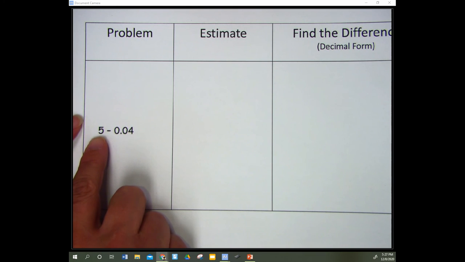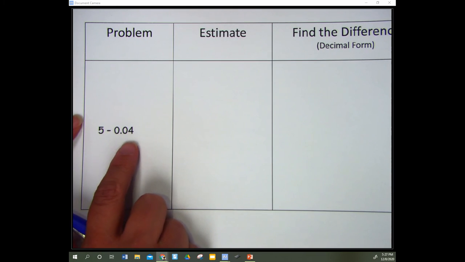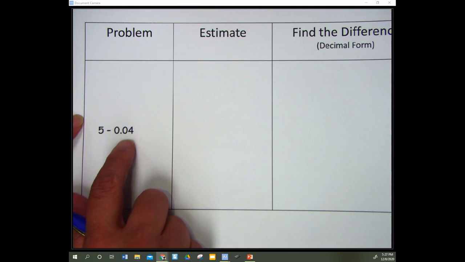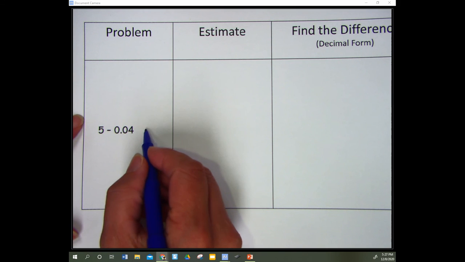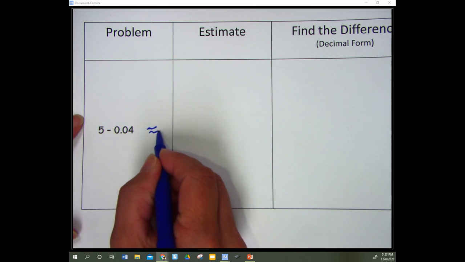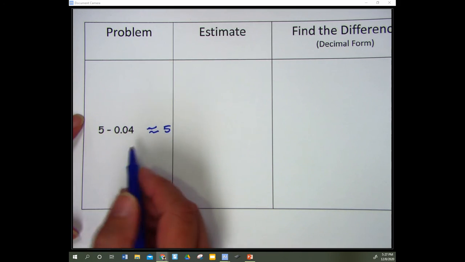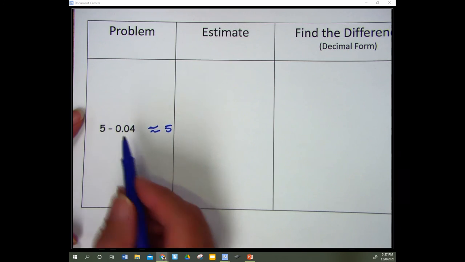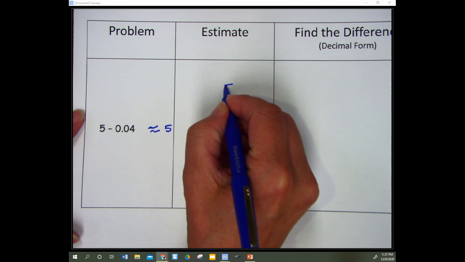If I have 5 wholes and I just take off 4 of those teeny little hundredth squares, I've barely taken anything off of one of those wholes, right? 4 hundredths is not much, right? It's going to be really close to 5. So my estimate is 5.